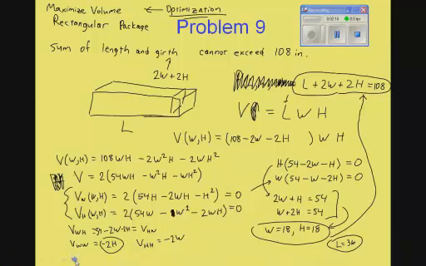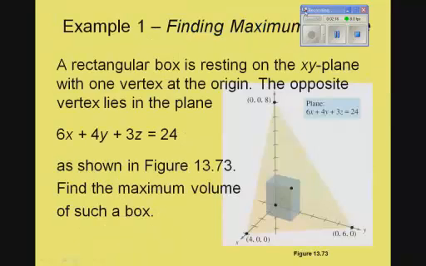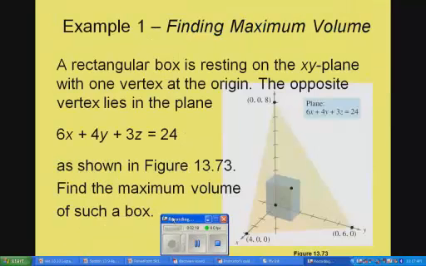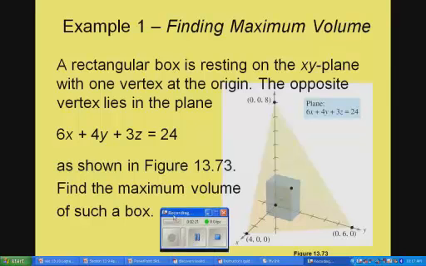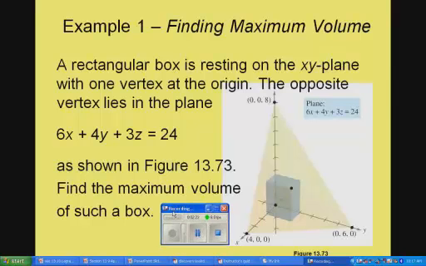Now let's see. When I did this section with you guys, did I talk about this example, finding the maximum volume of a box? Did I do this one with you or no? Oh, okay. Well, then this is worth showing. This is the example right from your book, but I'll talk it out a little bit.